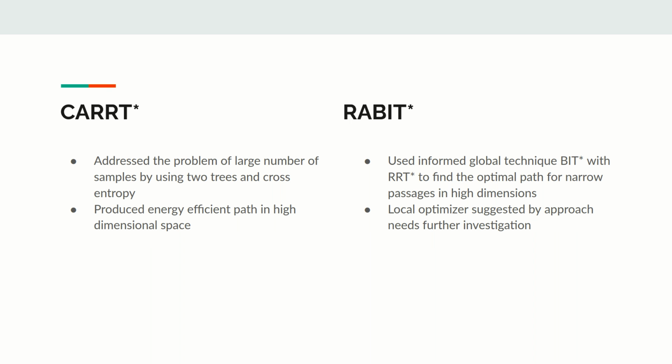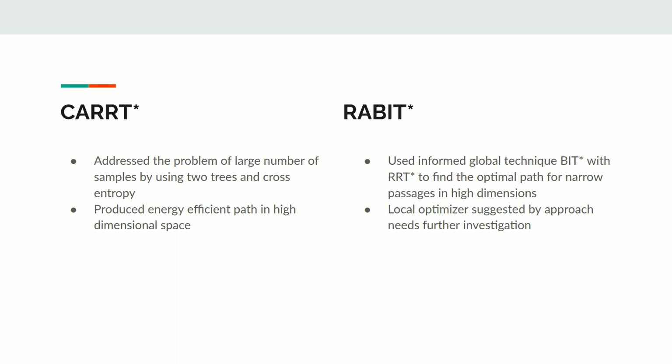CA-RRT star addresses the problem of a large number of samples by using tooth trees and cost entropy. The drawback is that it produces an energy inefficient path in high dimensional space.